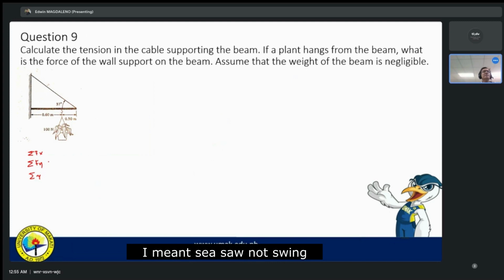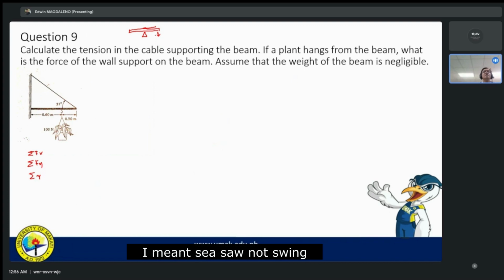Parang sa swing. Pagka meron tayong swing, tapos hindi balance, at hindi balance siya, that force will cause the swing to rotate. Kasi naglili ka dito ng weight, pababa, may force ka, unbalanced force, wala nasa kabilang side. That force will cause it to rotate.